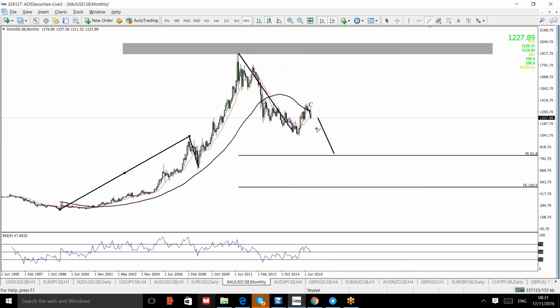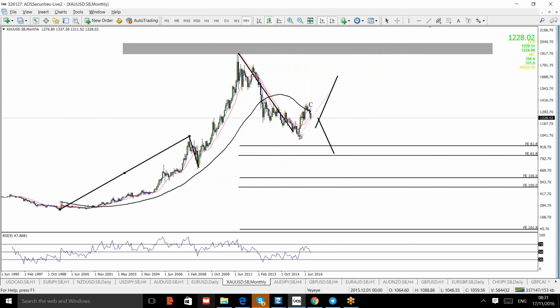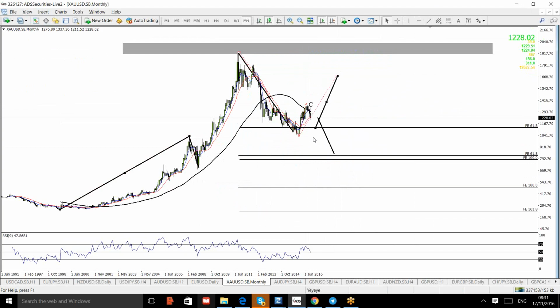But if the price goes here and makes another C, what will I be doing, guys? A, B, and I'll take the expansions from this C. And then all I do is I won't take out my first yet because the price hasn't completed. Understand? And utilize them as points of support and resistance.